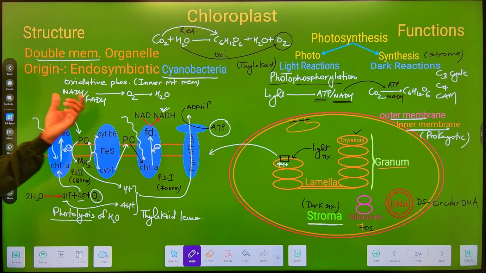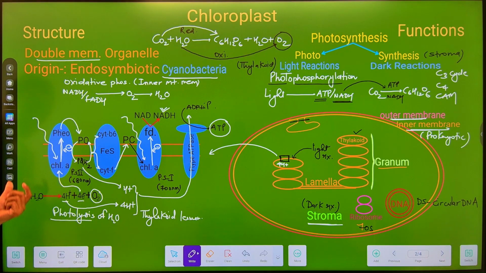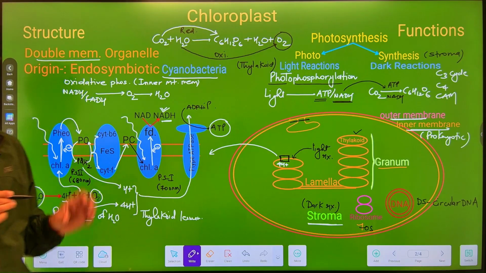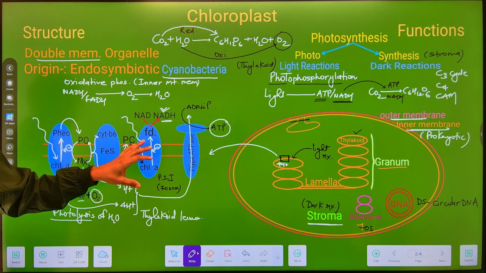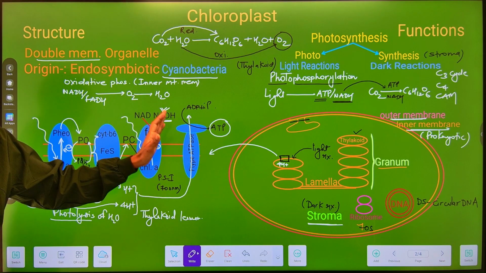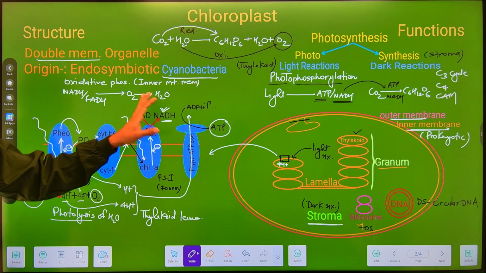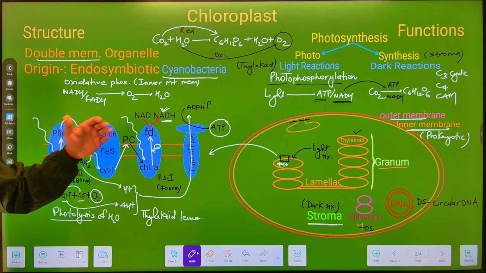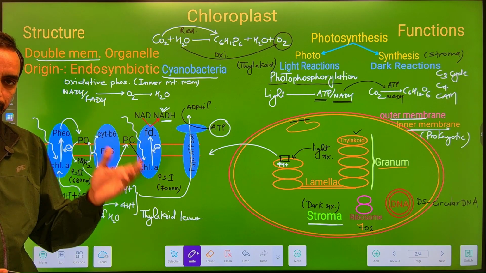But here what we are observing is that there is a transfer of electrons from the H2O to the terminal electron acceptor, that is NADP+. So we can say we have a complete reverse process. ठीक है, वहां से NADH से शुरू हो रहा था, oxygen पे खत्म हो रहा था, that is forming the H2O. यहाँ से H2O से start हो रहा है and is ending up onto the NADPH.